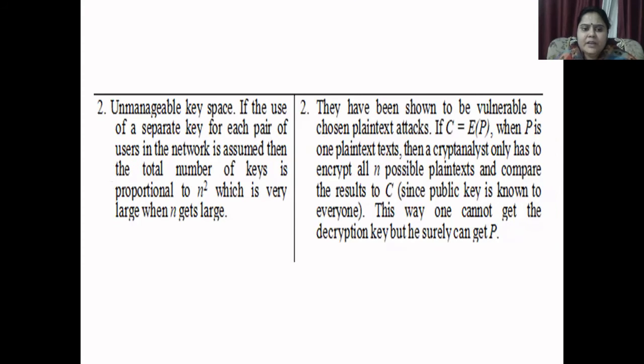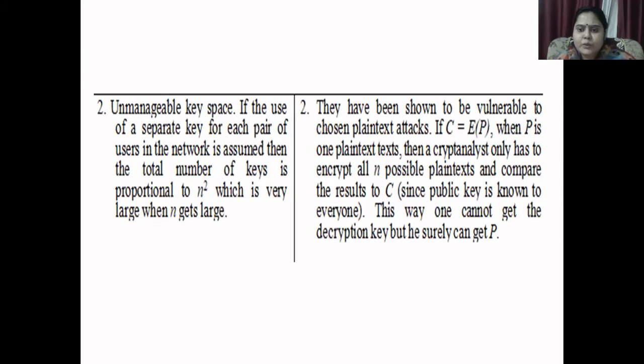Next, unmanageable key space. If a separate key for each pair of users in the network is assumed, then the total number of keys is proportional to n squared, which is very large when n gets larger. They have also been shown to be vulnerable to a chosen plain text attack.